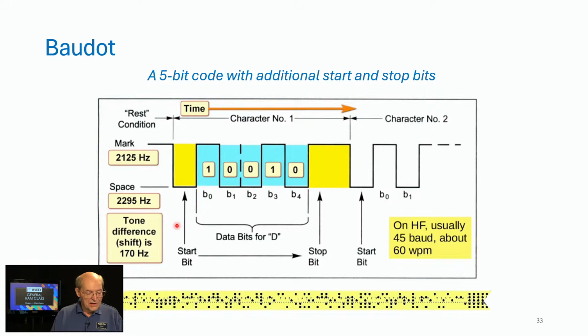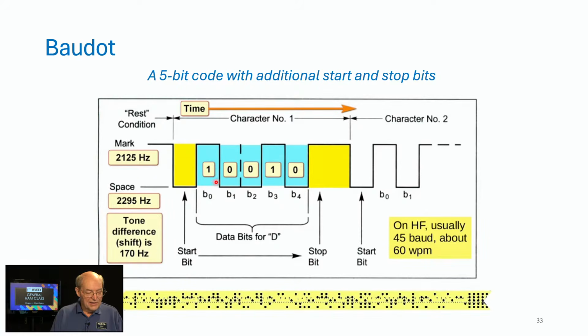And that is a start bit. So on the receiving end, it sees a start bit and it says, I have got to pay attention to the next 5 things that happen. So the next thing that's going to happen, we're going to go from a space tone to a mark tone. That signifies the beginning of a 1.